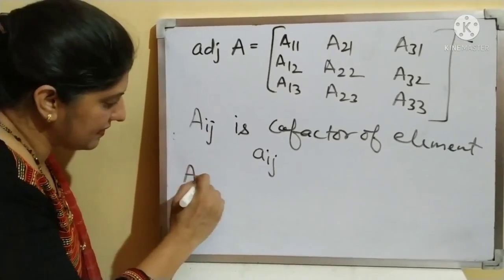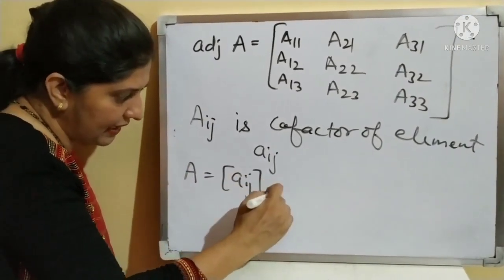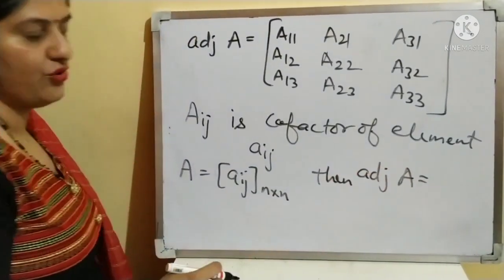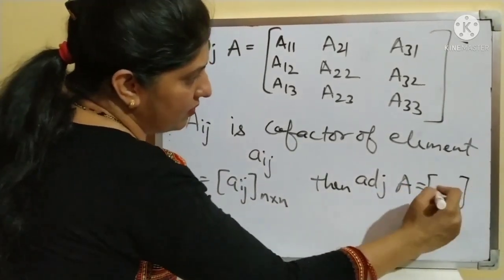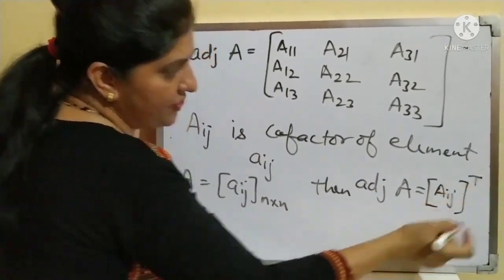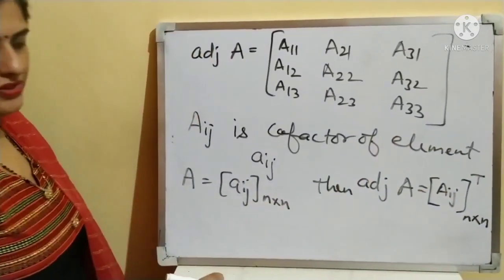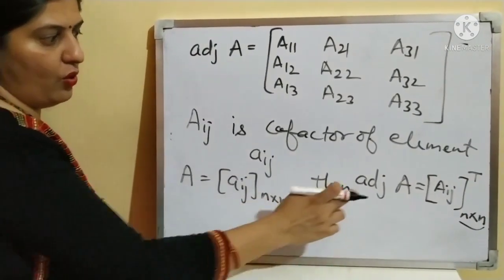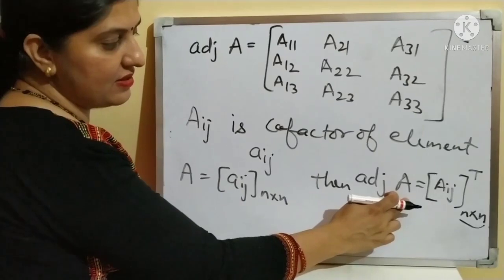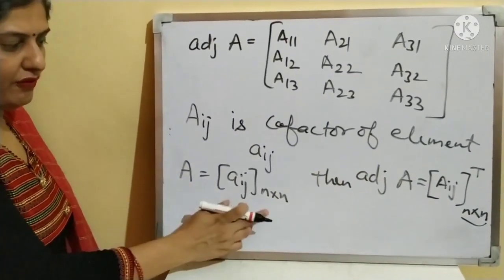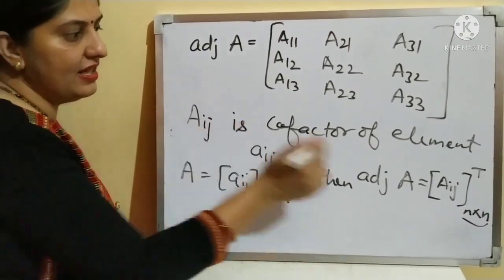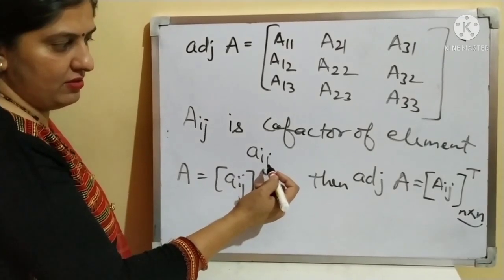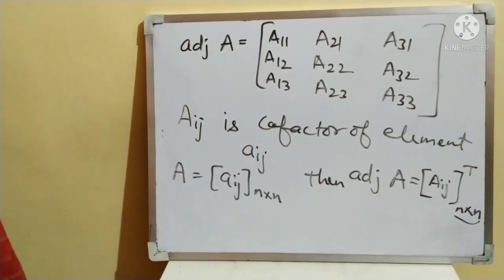And if A is any matrix of order n, then adjoint of A is also a matrix of order n. Remember it. Adjoint of A is also a matrix of order n. The order of adjoint of a matrix A is same as order of A. And capital Aij represent cofactors of the elements of type aij. I hope it is clear to you.